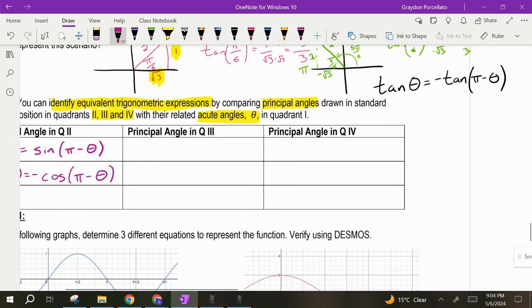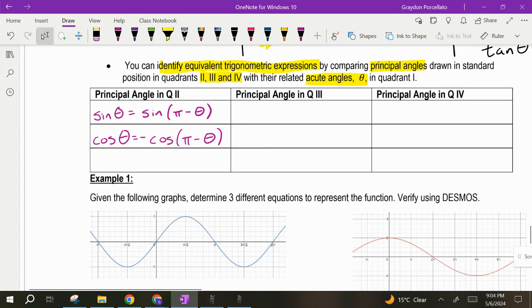So cos theta, the related acute, compared to the principal angle, is negative. The same goes for tan: tan theta is negative in that second quadrant, so pi minus theta.